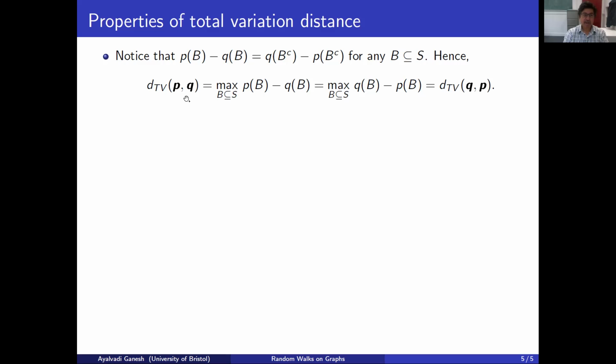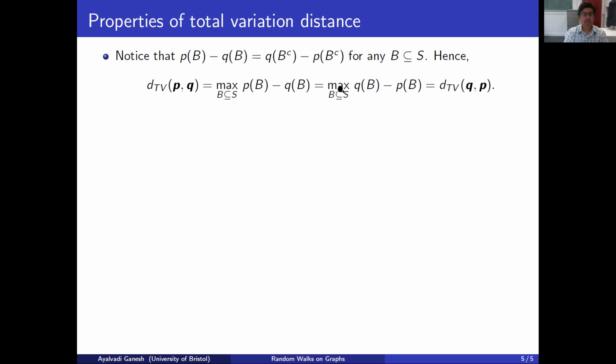So the total variation distance, which is the maximum of PB minus QB, is also the maximum over all subsets of Q of B complement minus P of B complement. So we are taking the maximum over the complement of all possible subsets. That's the same as taking the maximum over all possible subsets.